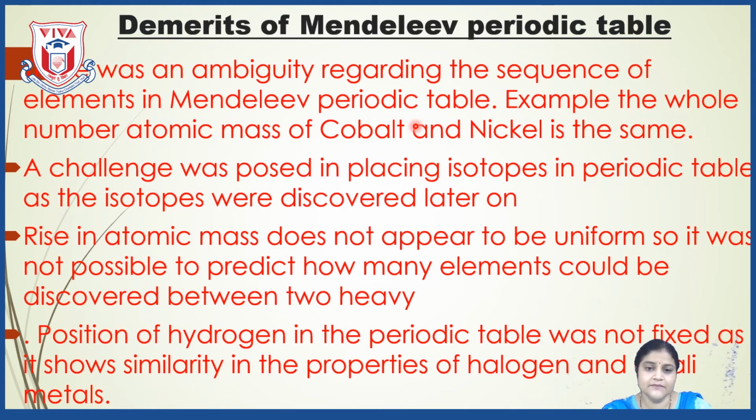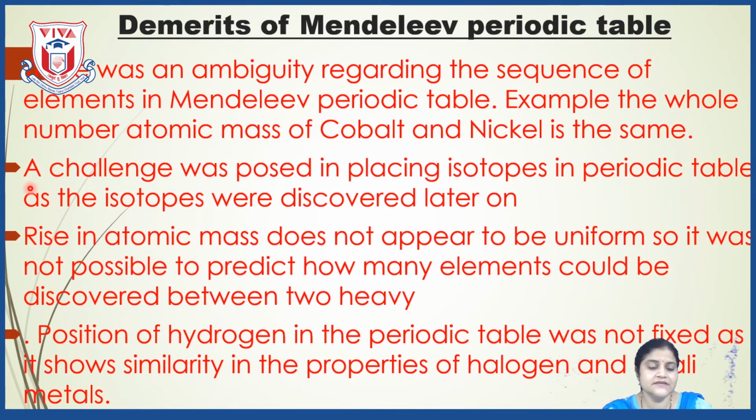That means, in decimal form, the whole number of cobalt and nickel was one and the same. So there was confusion about in which order they should be placed in his periodic table. This was the first demerit.